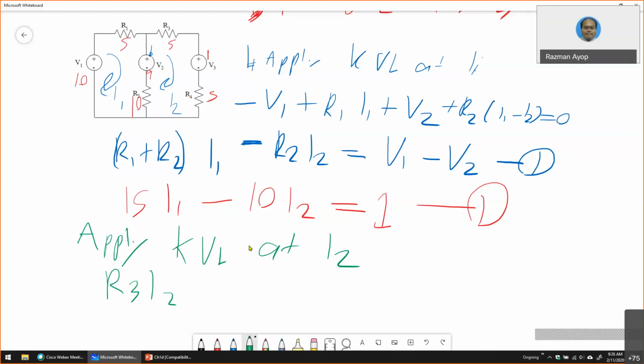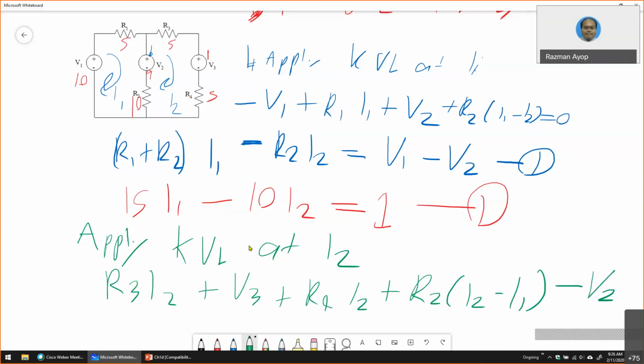R3 I2 plus V3 plus R4 I2 plus R2 (I2 minus I1) minus V2, minus because it means minus. R2 is between I2 and I1, so equals to 0.